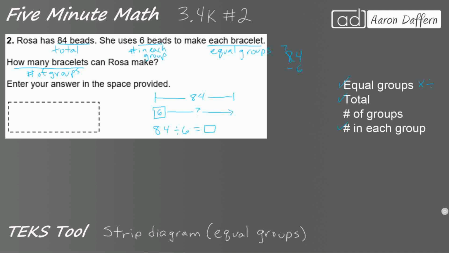So we're going to need to make sure we regroup all the time. That's going to be 78. This did not require any regrouping. So now I'm at 66, 60, and then I'm at 54.